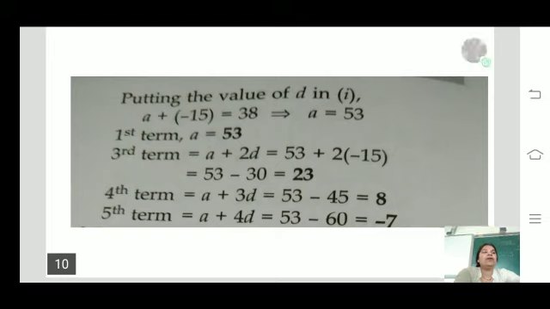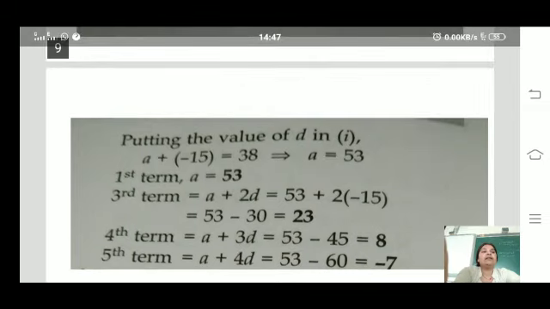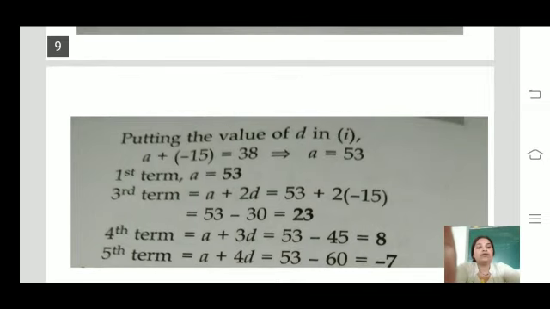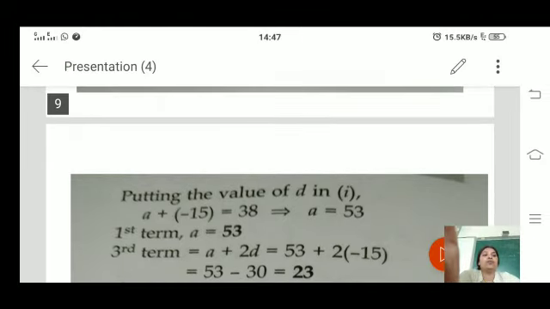After simplification we have the fourth term A4 equals 8. Similarly, let us calculate the value of the fifth term, A5. A5 is given by A plus 4D, that is 53 minus 60, that is minus 7. I hope you are getting this. This is all about question number 3 of exercise 5.2.